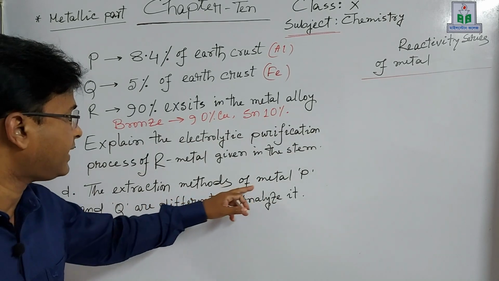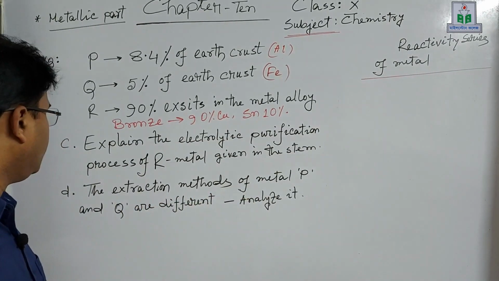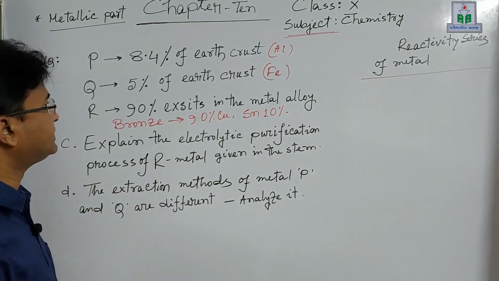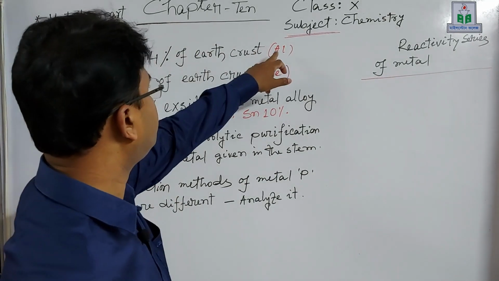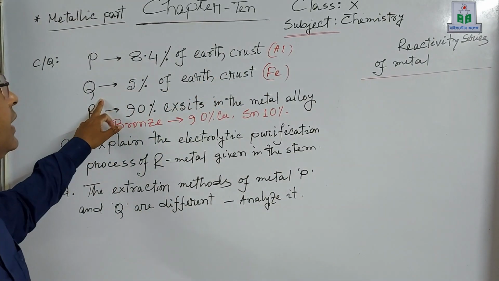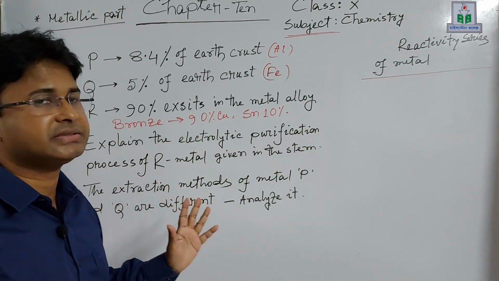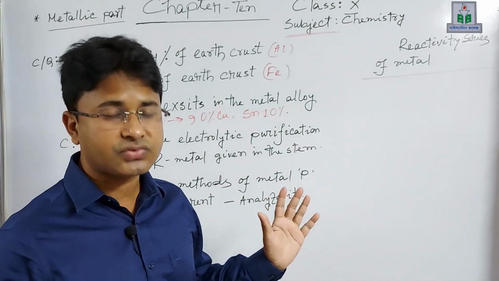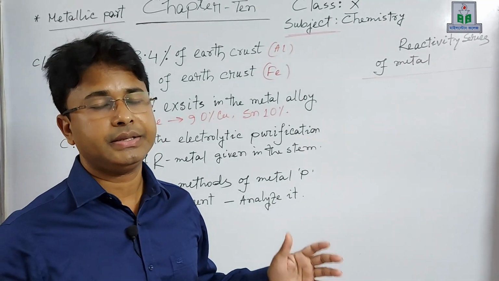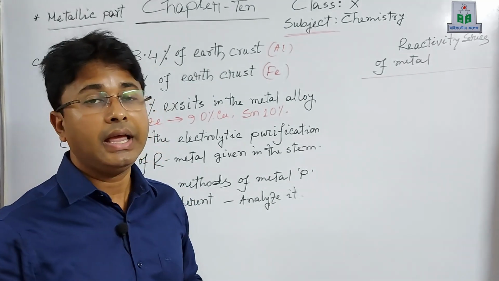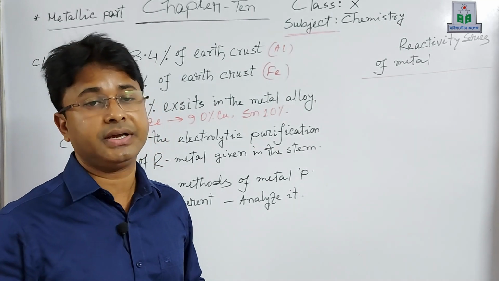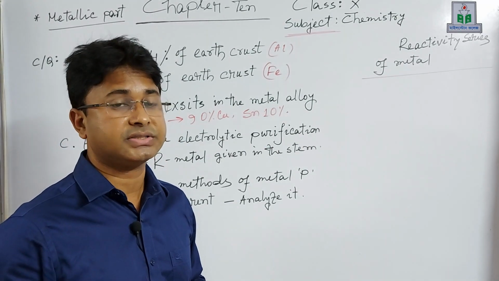Okay, dear students, look at the question on D. The extraction methods of P and Q metals are different. Analyze it. P means aluminum and Q means iron. Aluminum is extracted by the electrolysis process and iron is extracted by the carbon reduction process.